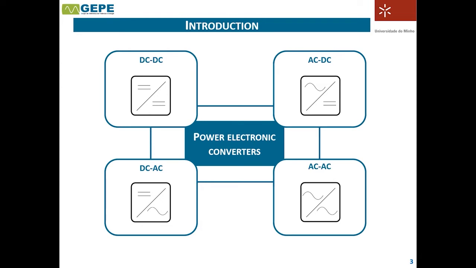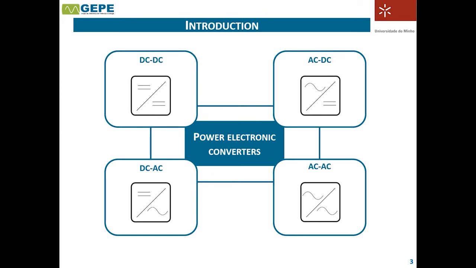Within each category, there are several topologies aimed at the most varied applications related to production, transport, and distribution of electrical energy, where are included power generation systems, power grid interfaces for alternative energy resources such as solar photovoltaic panels, wind turbines, and energy storage systems.